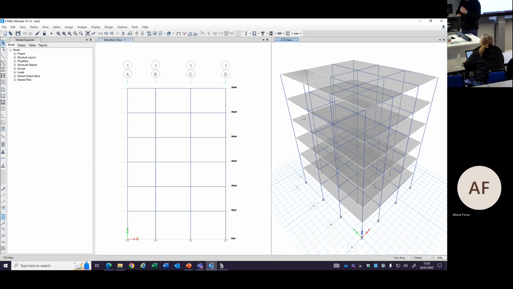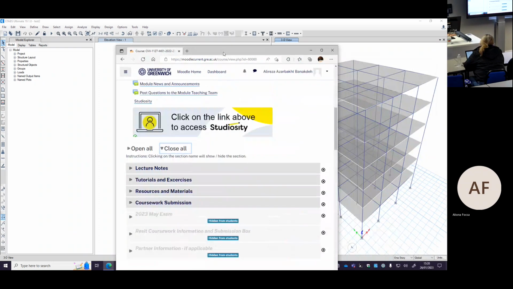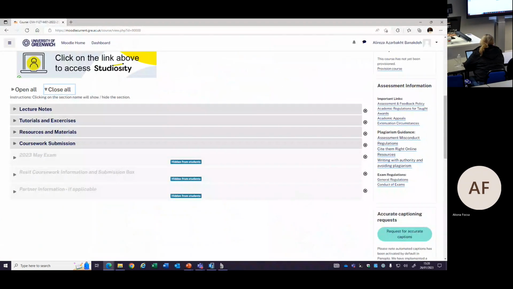What else? Okay, let's take a look at Moodle. I have added some extra files on Moodle regarding the steel design during the holidays.